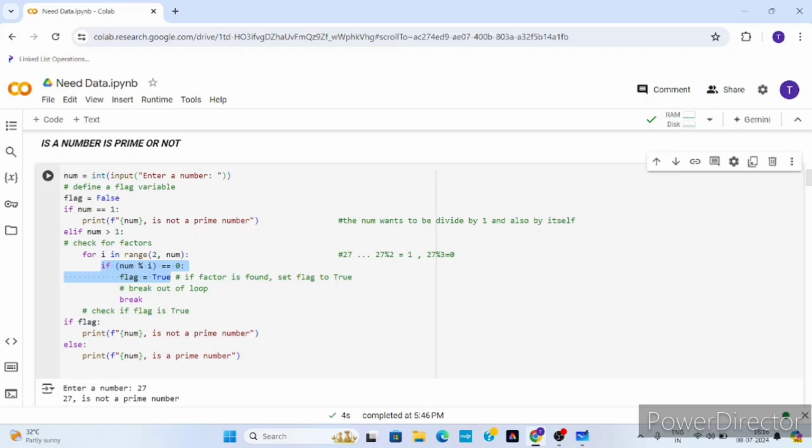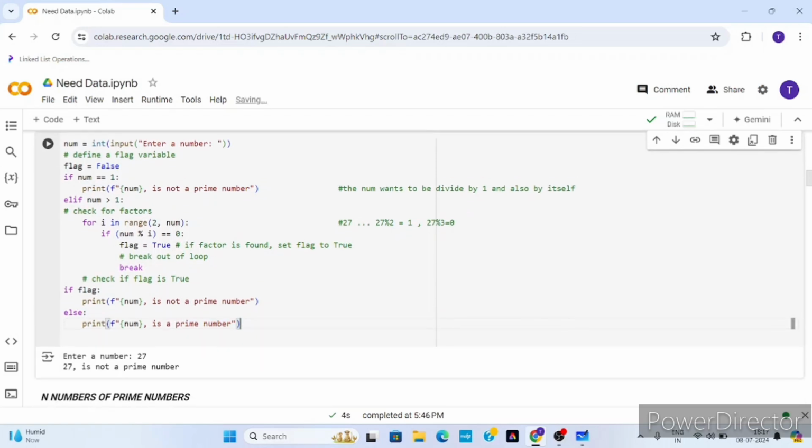We are just changing this flag value from false to true. If the flag value is true, I'm entering into this; if the flag value is false, I'm entering into the other condition.